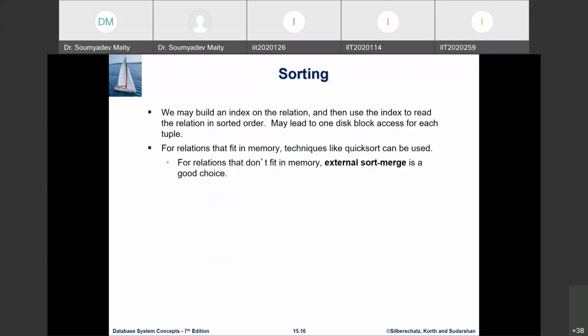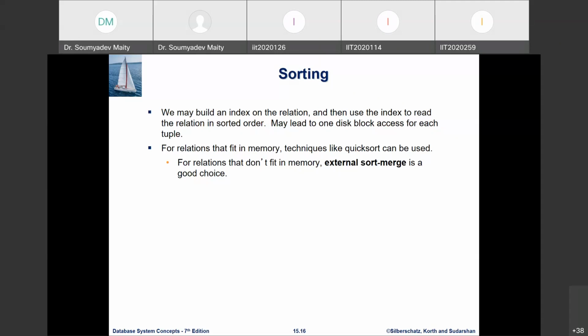How would we perform the sorting? There are two ways of doing a sorting on a relation. It depends on the size of the relation. If the file is very big and cannot be accommodated inside the main memory, then we have to use the external sort merge algorithm.